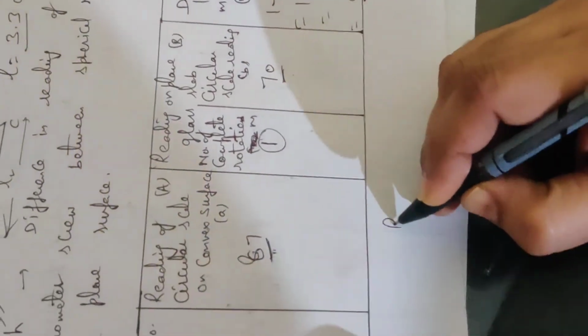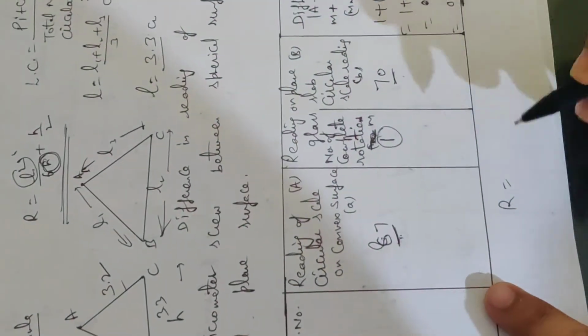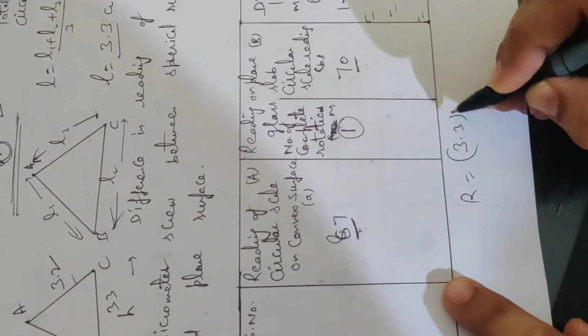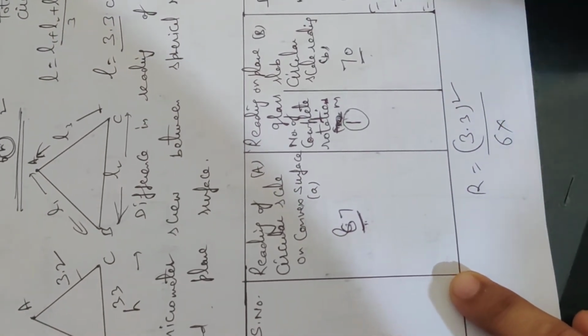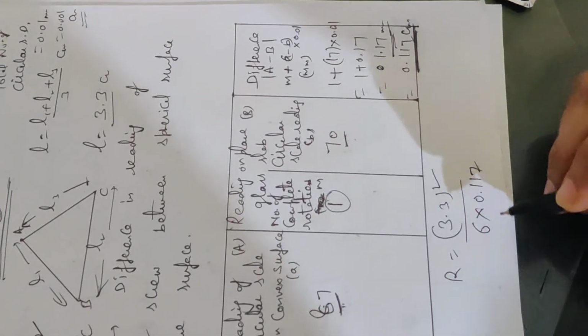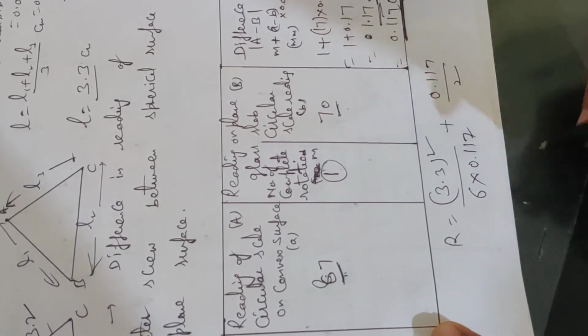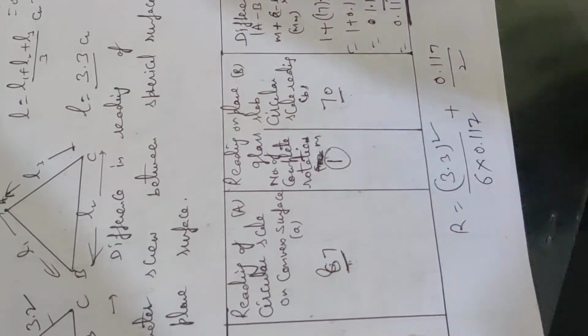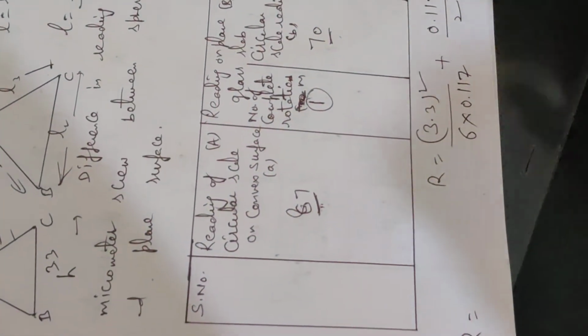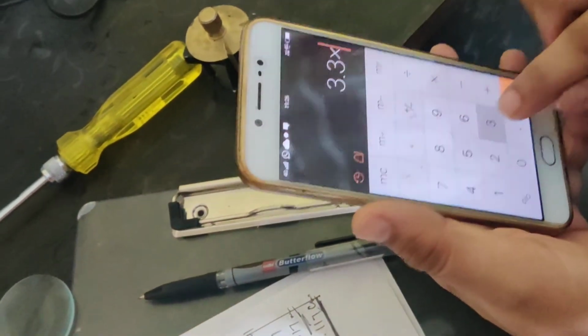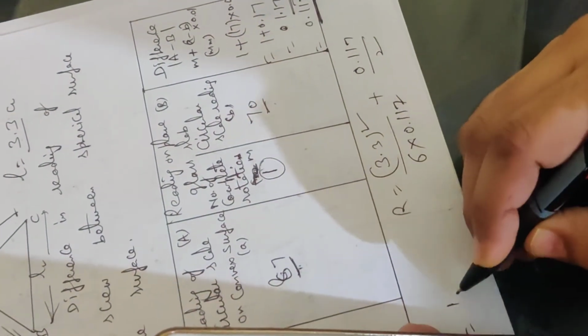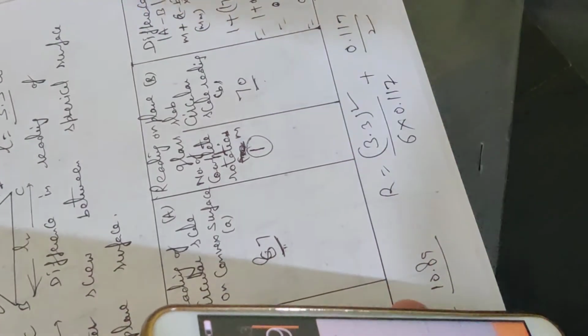So let me find out the radius. Here R equals l square over 6h plus h over 2. l square is 3.3 whole square over 6 into h, h is 0.117, plus 0.117 over 2. So that is the radius R. If I calculate, 3.3 squared is 10.89.